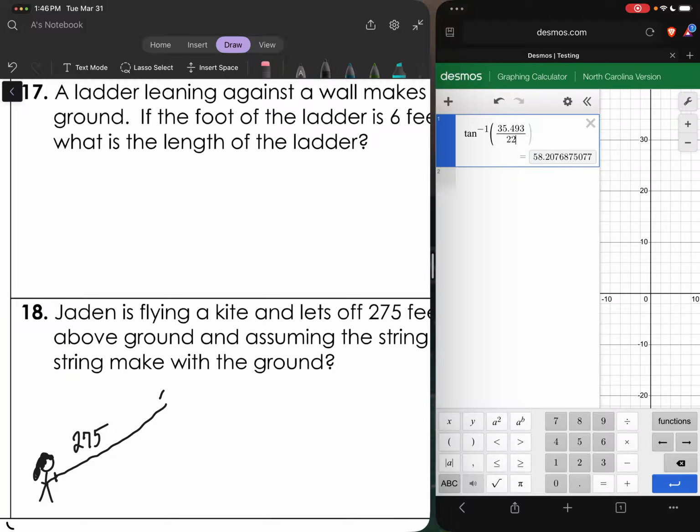So her kite is flying in the air. There we go. That's about as artistic as I can be. If the kite is 150 feet above the ground, at what angle does the string make with the ground?